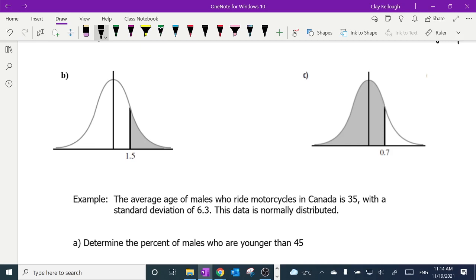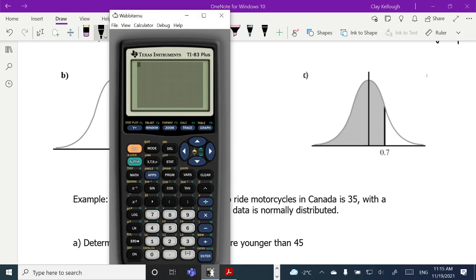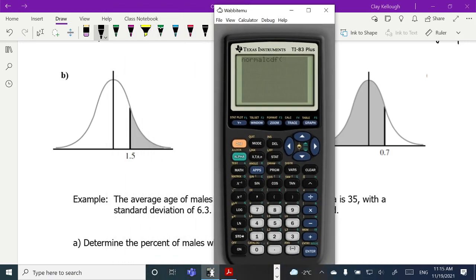And again, do I need to see this graph? Not really. So I'm just going to use the calculator part, not the graph part. So second function, distribution. And we're doing number 2, a normal CDF. And this time my lower boundary is 1.5.